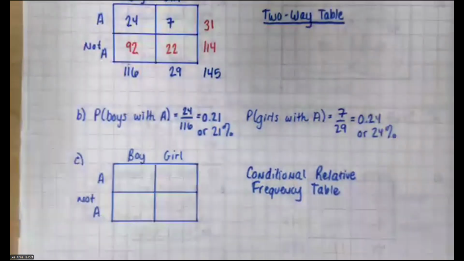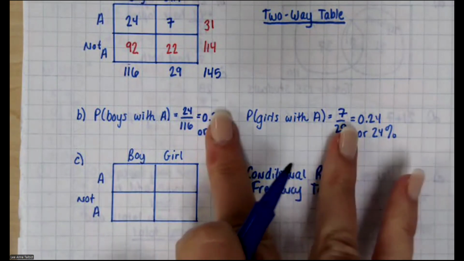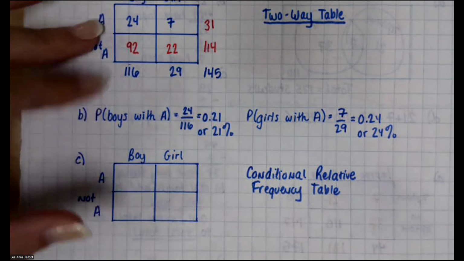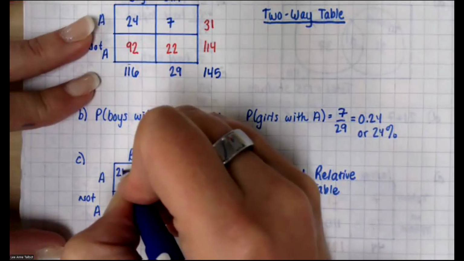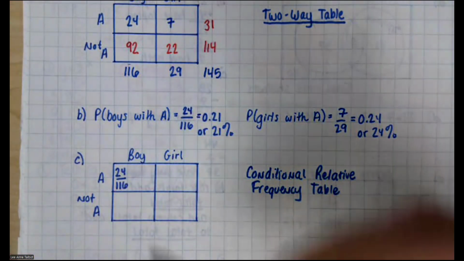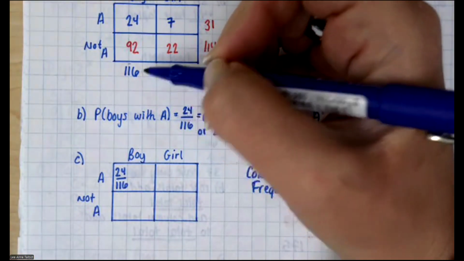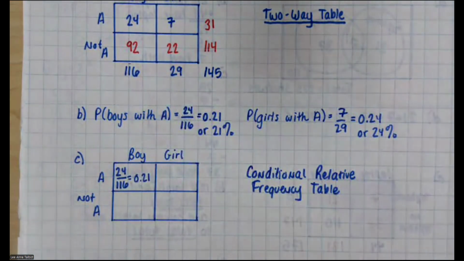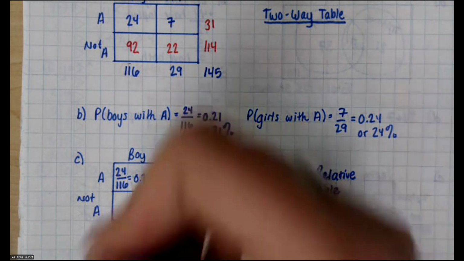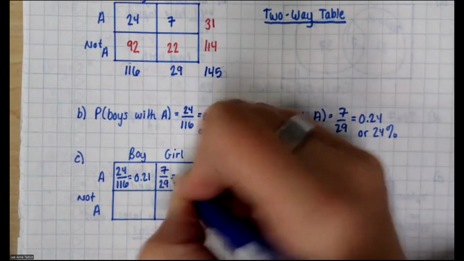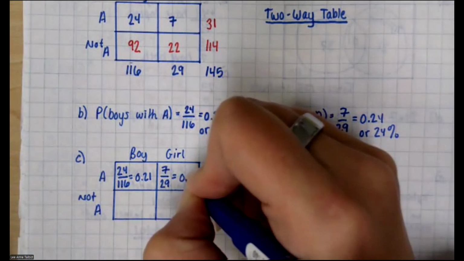A conditional relative frequency table takes the answers that we got from this and organizes them. So in this box, we would put 24 over 116, which is this box over the total, which we already said was 0.21. In this box, we would put 7 over 29, which is 0.24.